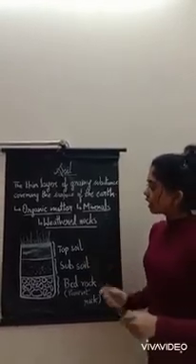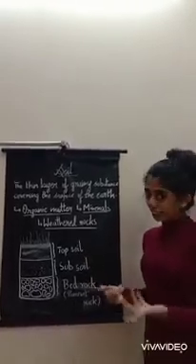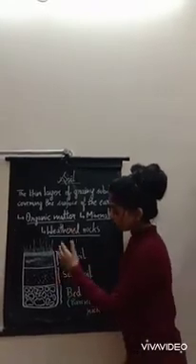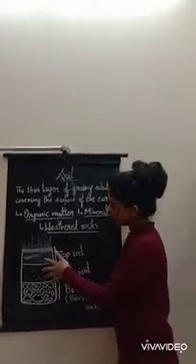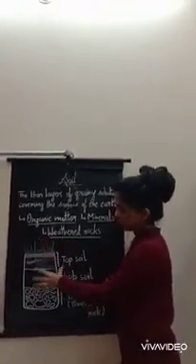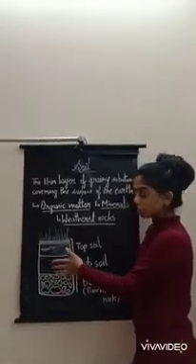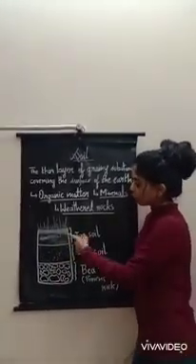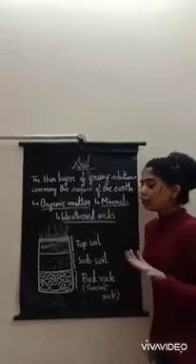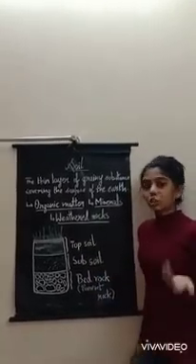So let us study about the composition of soil in detail. So if you take up the earth, it is divided into three layers. The soil texture is divided into three layers. The first one is called the topsoil, and topsoil is very rich in humus.